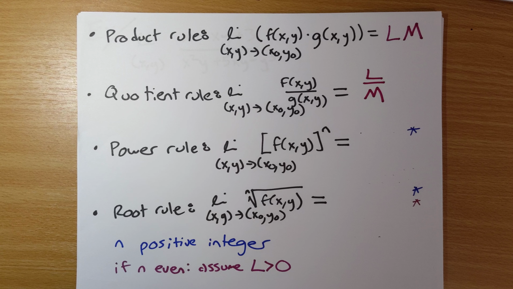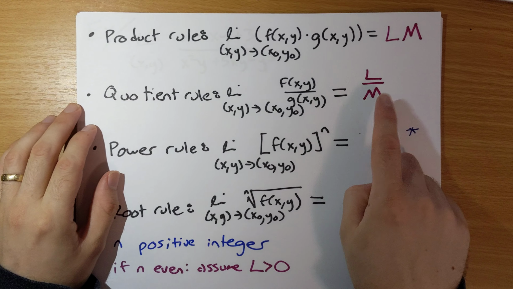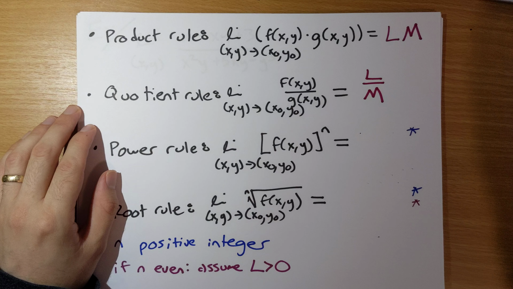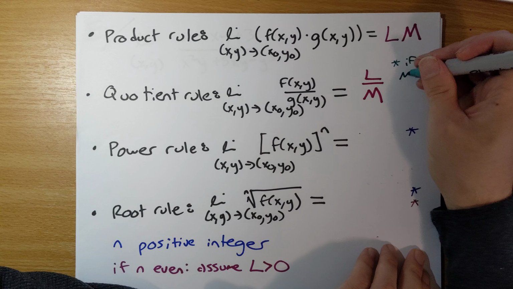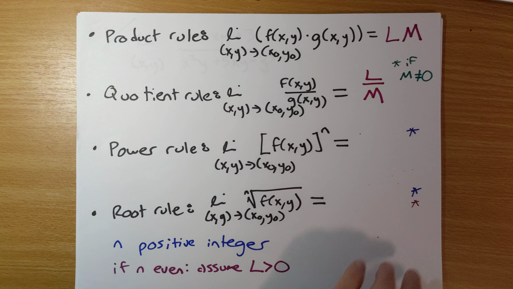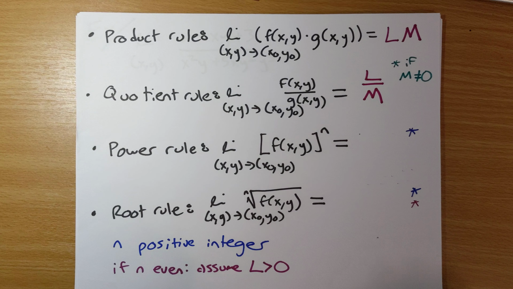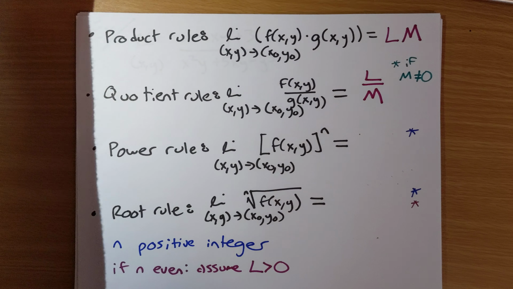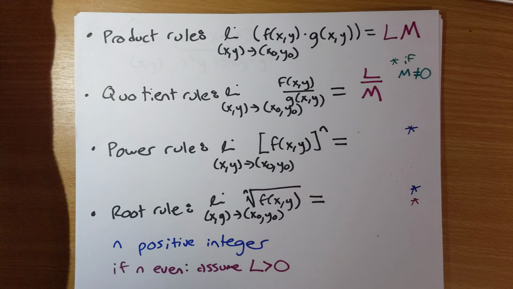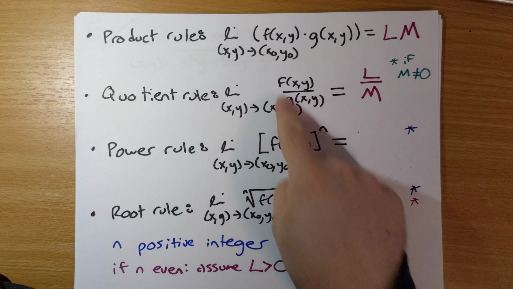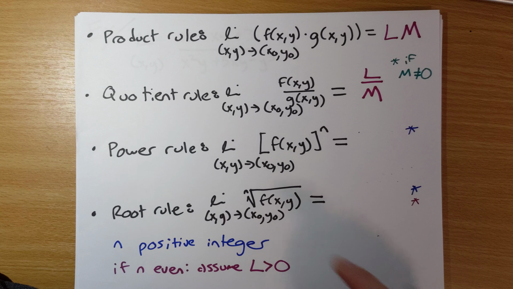What's the one thing we need to say here? This holds, let me put a little asterisk here, if M is not equal to 0. So of course, if M is equal to 0, that's the limit of g(x,y), then we can't divide by 0 here.